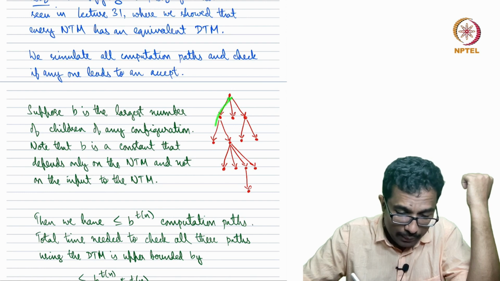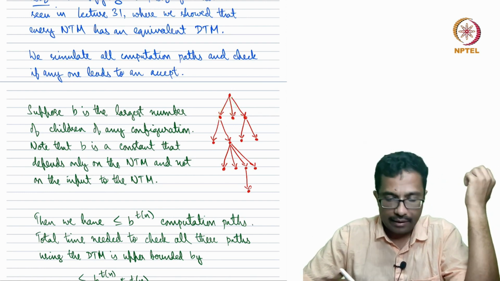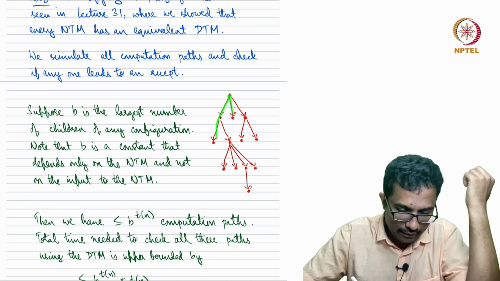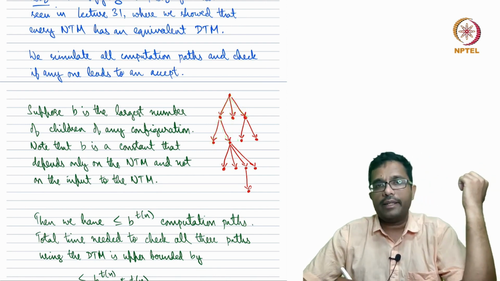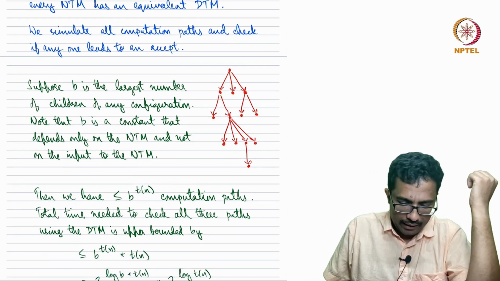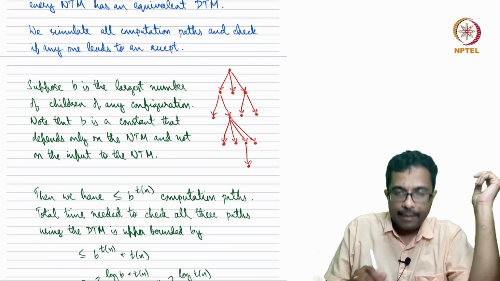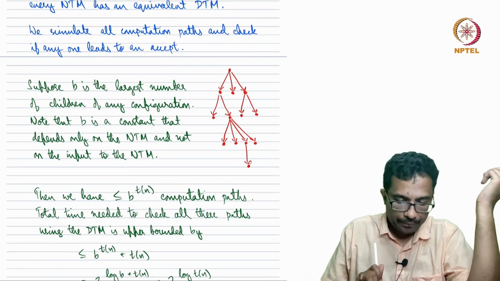We do this in a breadth first search manner, as we said in chapter 3: we simulate everything to one level, then the second level, and so on. That particular detail is not very critical here, because these are all deciders. But let's see the time complexity of this process.